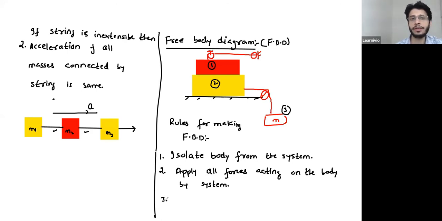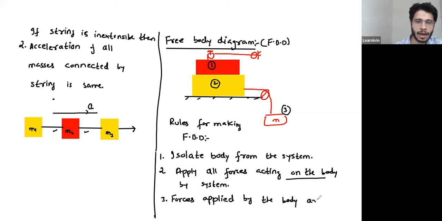There's one important thing, that while making FBD of a body, we consider only those forces which are acting on the body. Forces applied by the body are not considered in the free body diagram.